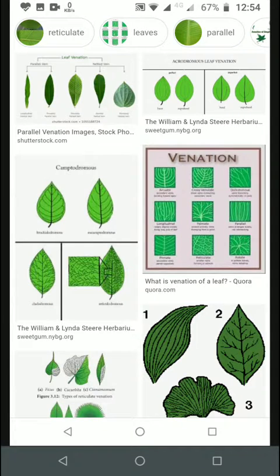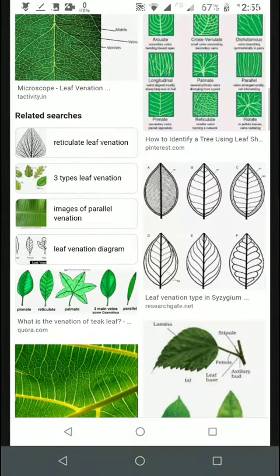Venation: the arrangement of veins in a leaf is called venation. It is also of two types, reticulate and parallel venation. In reticulate venation, in the leaves of plants such as rose, mango and petunia, veins are interconnected in a web-like network.